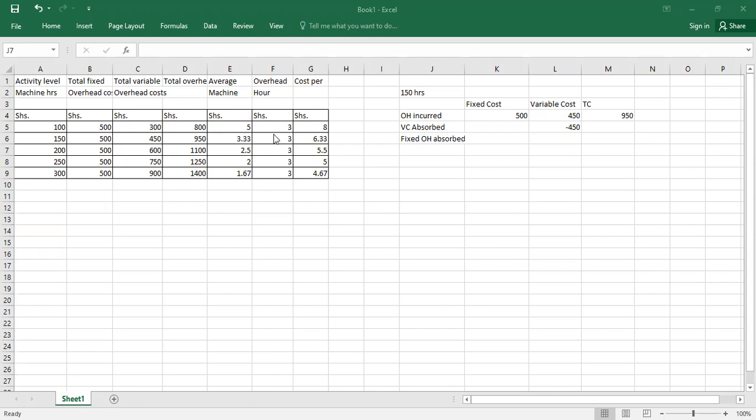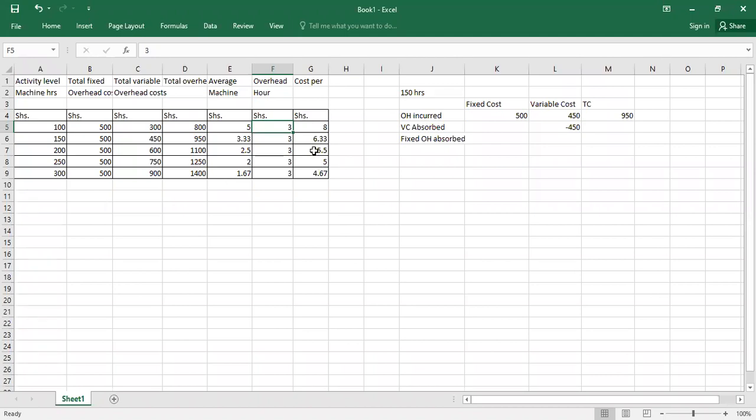Then the fixed overhead cost per machine hour depends on the activity level used as the base. Now, the base is what I'm looking for. I will not be given the base in this case. But when we ask for the base, we normally look at the average. Being an accounting student, you look at the average.